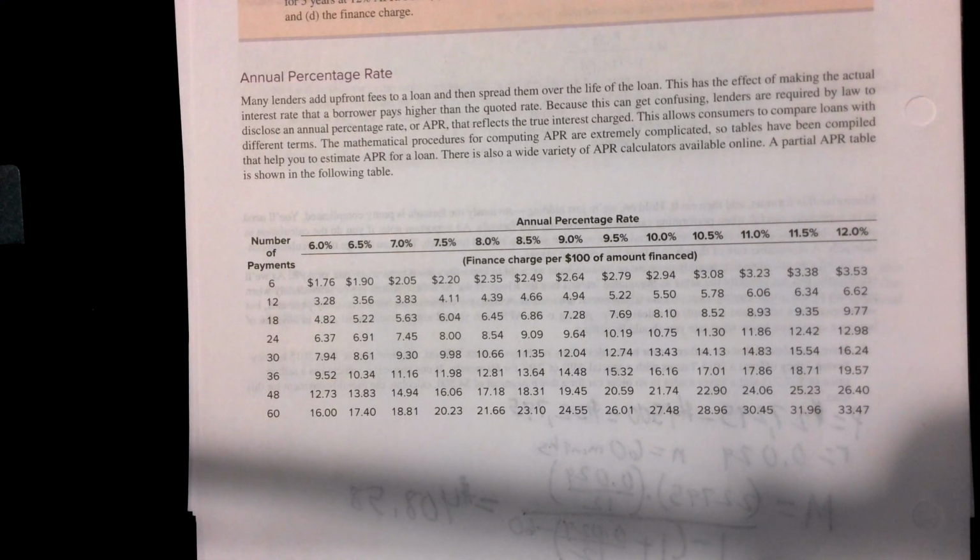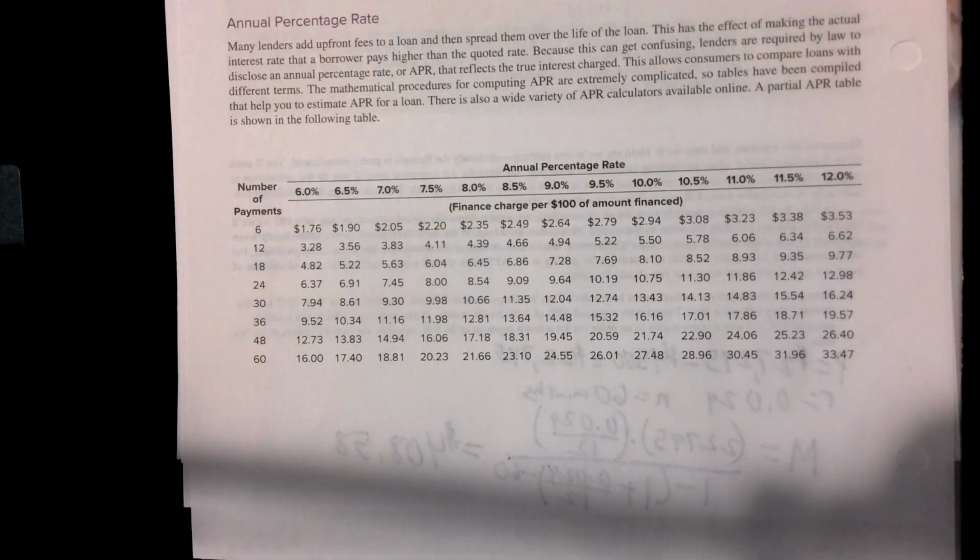Many lenders add upfront fees to a loan and then spread them over the life of the loan. This has the effect of making the actual interest rate that a borrower pays higher than the quoted rate. Because this can get confusing, lenders are required by law to disclose an annual percentage rate, or APR, that reflects the true interest charge. This allows consumers to compare loans with different terms.